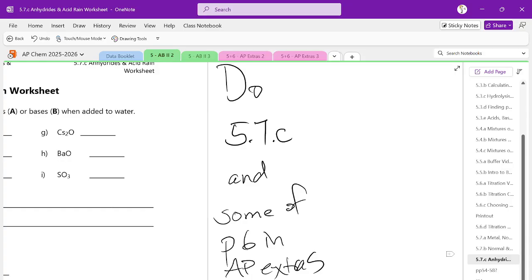So Ka of NH4 is something times 10 to the negative 10. So it's going to buffer somewhere near pH 10. So that's going to be your basic buffer, whereas this one is 10 to the negative 5.